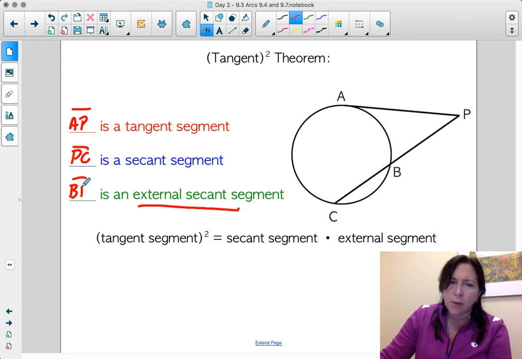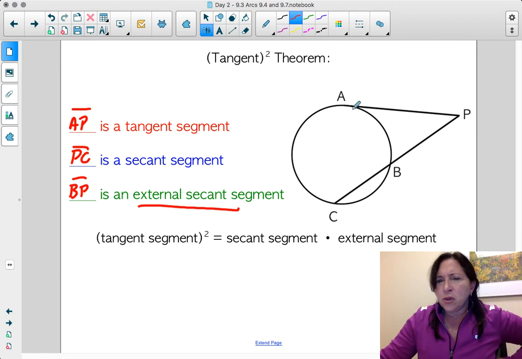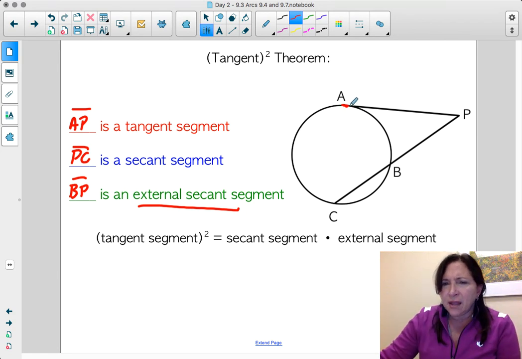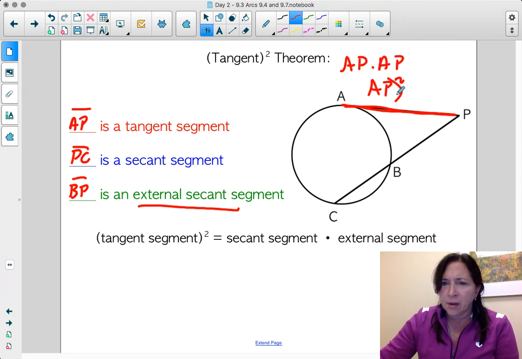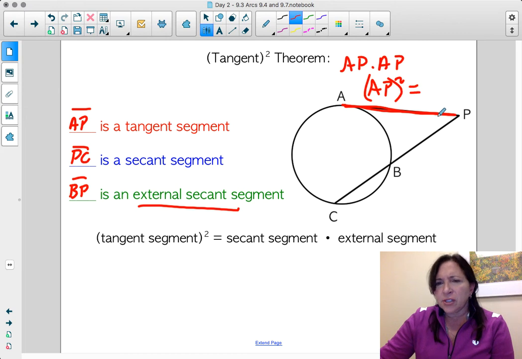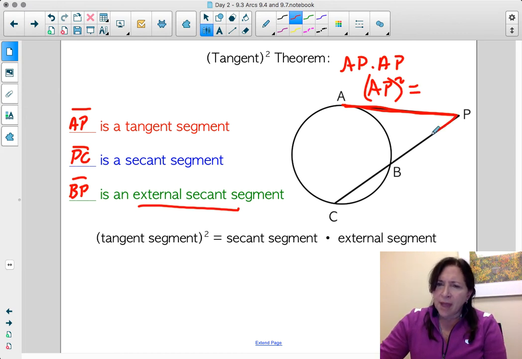So what we have here is that the formula says that this length here times itself. So we have AP times AP, which we call AP squared. Okay, use parentheses, is equal to, again, the outside PB times the whole length PC. Okay, that's what it says.